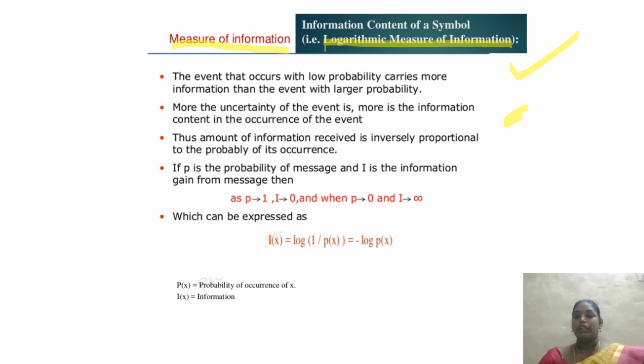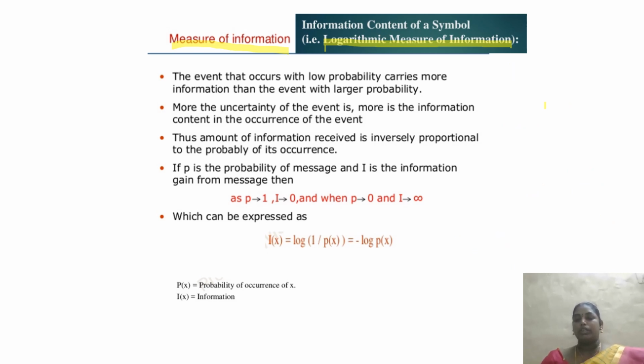Instead of going for a into b, that can be done with a plus b. If you are going for a by b, we go with the simple manipulation of a minus b. As complex manipulations are simply done with plus and minus, we generally prefer logarithmic calculations for information theory.